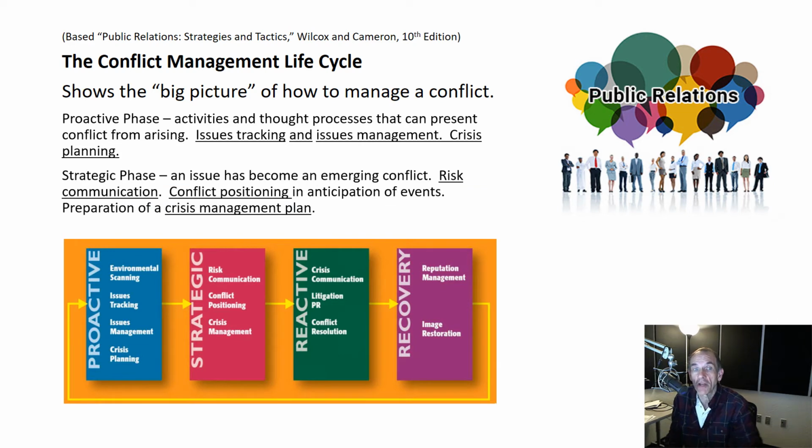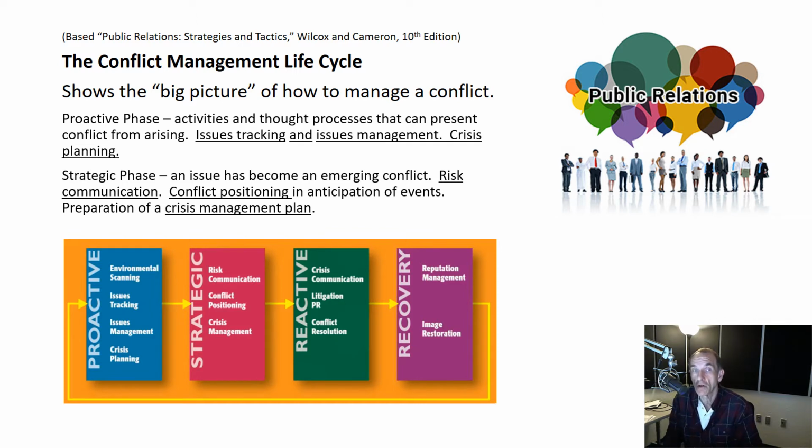And then the strategic phase is where an issue has become an emerging conflict. It is beginning to become a thing that needs to be addressed. There is risk communication. This is communicating to your people within the organization and your stakeholders about this situation that seems to be developing.